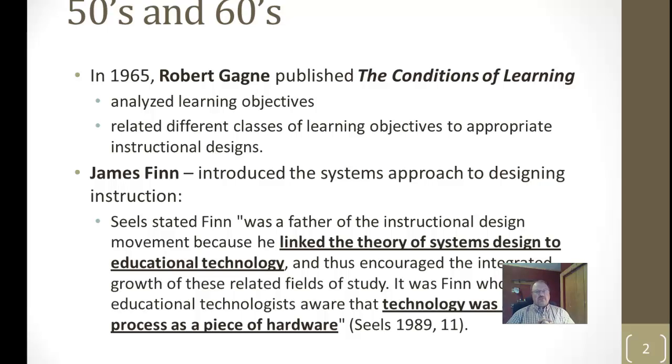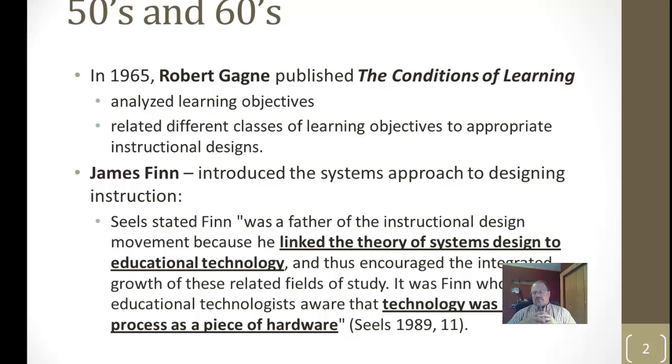In '65, Gagne published The Conditions of Learning, and part of the main objective of that text, he analyzed learning objectives and related different classes of learning objectives to appropriate instructional designs.